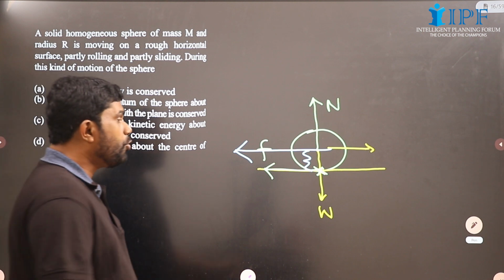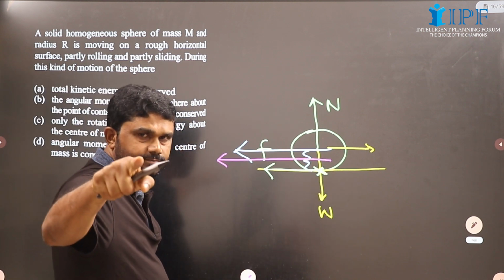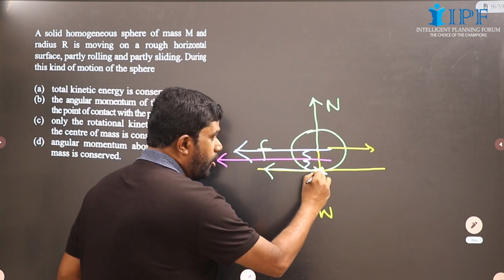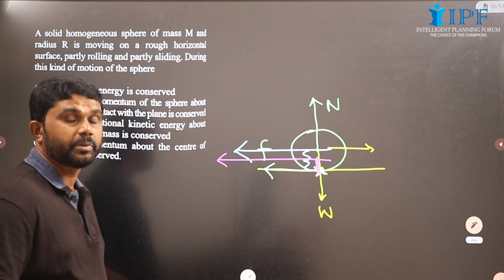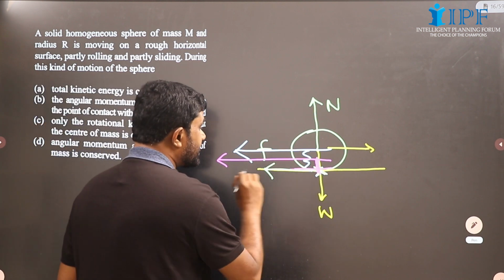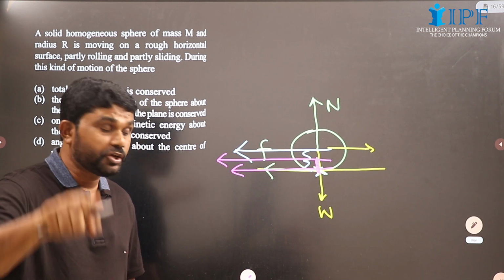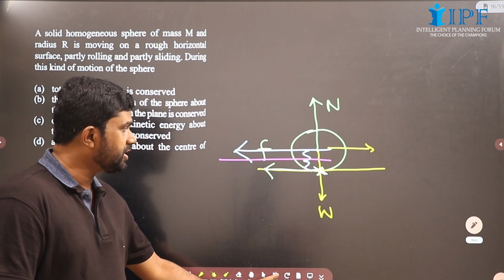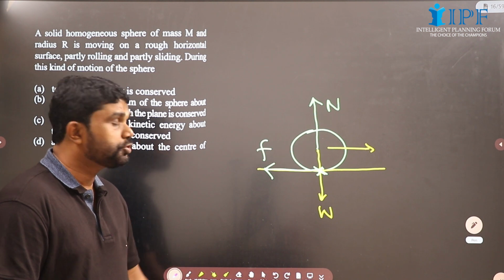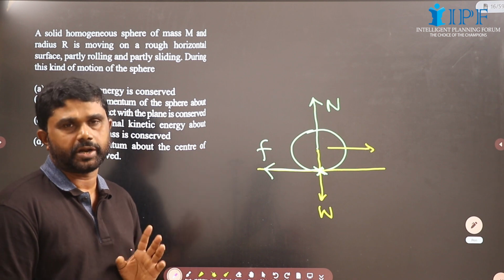Now if this is the line along which the friction is acting, then from this point this much will be the perpendicular distance. But here the friction is acting like this, so the perpendicular distance from the point of observation will be 0. So there is no torque due to any of these forces about this point of contact.